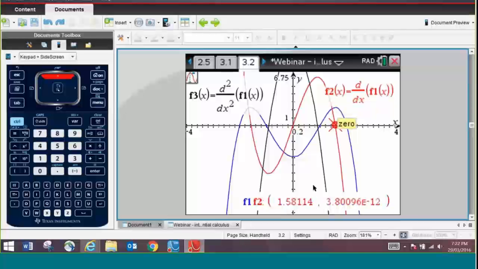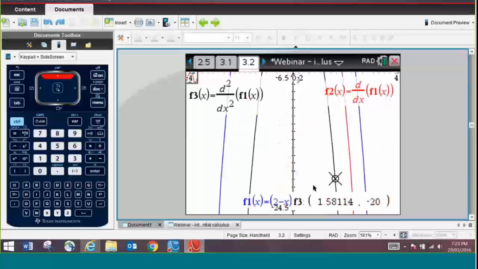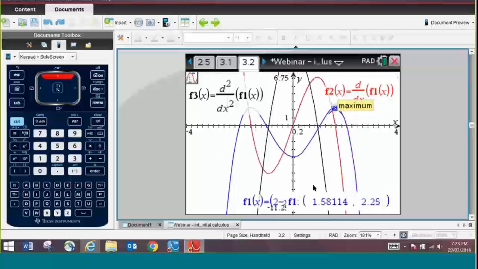So if I go up or down, F2, so I just go back, the maximum there, if I go up to F2, it tells me it's a 0. And if I go up again, you can see that the value on the second derivative is a negative, so it makes that connection that the second derivative will have a negative value for a local maximum.